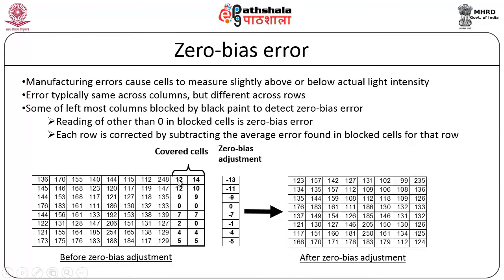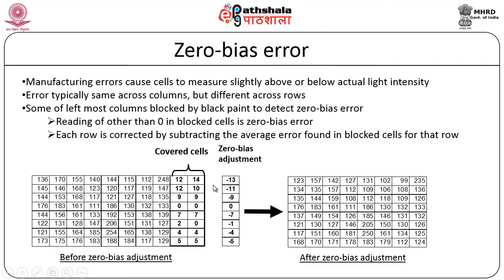But remember, where the black strip is placed it should show only 0, yet it gives a value. It shows that each row has an excess value: instead of giving 0, it gives 12 and 14. That means on average 13 is added in this particular row.